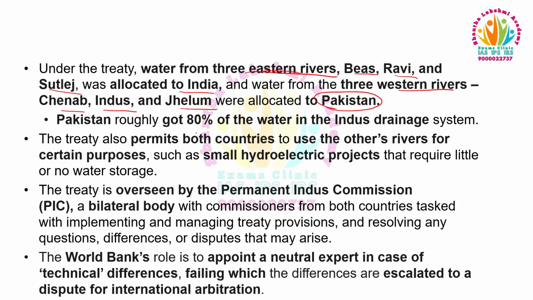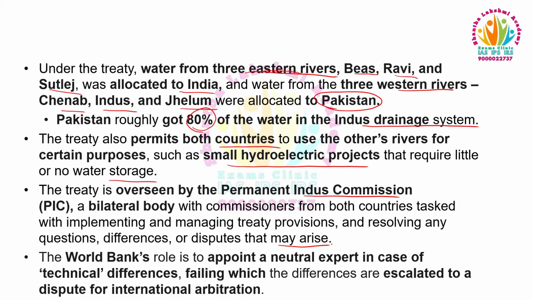Pakistan roughly got 80% of the water in the Indus drainage system. The treaty also permits both countries to use the other rivers for certain purposes, such as small hydroelectric projects that require little or no water storage. The treaty is overseen by the Permanent Indus Commission, a bilateral body with commissioners from both countries tasked with implementing and managing treaty provisions and resolving any questions, differences, or disputes that may arise.